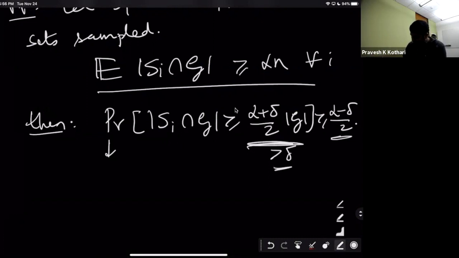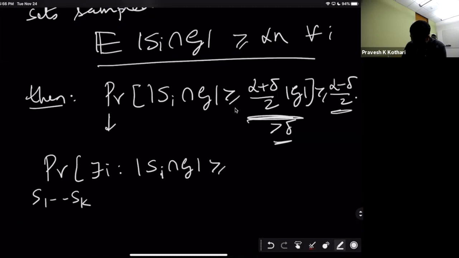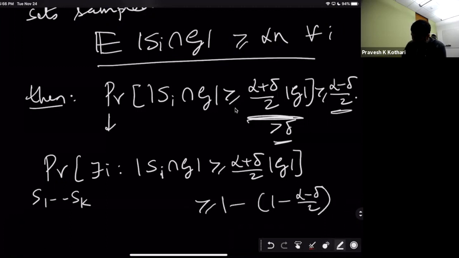Okay, and so now the probability that at least one, and this is a probability over the sampling of S1 through Sk, is bigger than alpha plus delta by 2 times the size of G is at least 1 minus alpha minus delta by 2 to the power 20 over alpha minus delta.